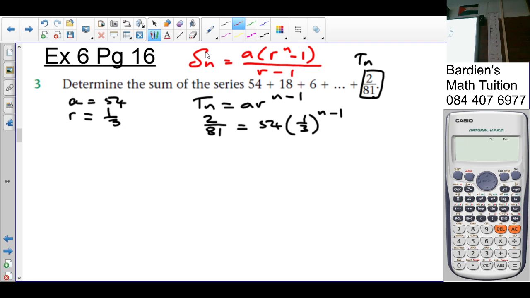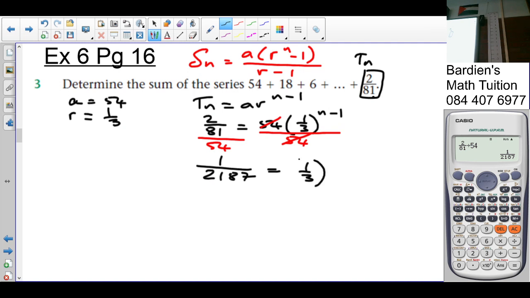What's the next step we need to do here? Divide by 54 both sides. That cancels. So that will simply be 2 over 81 divided by 54. That gives you 1 over 2,187. 1 over 2,187 equals 1 over 3 raised to the n minus 1.